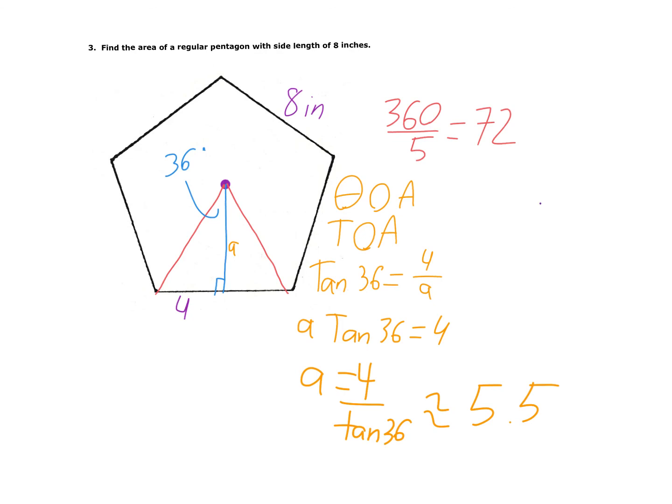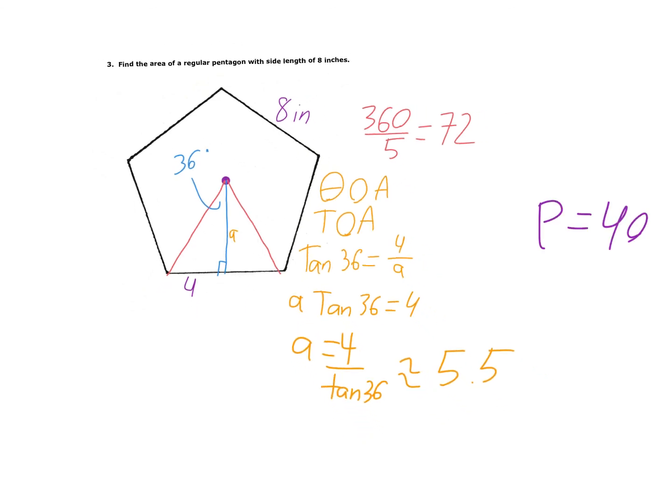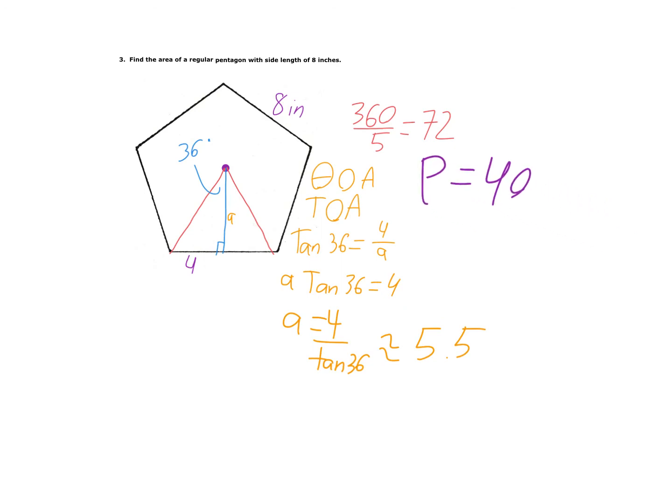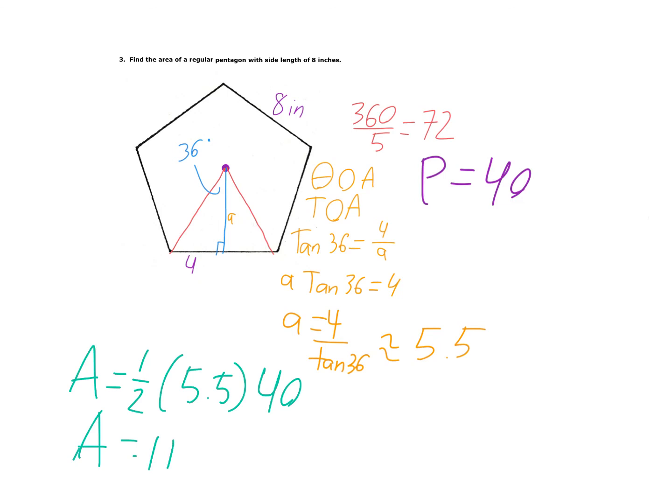I now have enough to plug things into my area equation, such that my area is equal to 1/2 my apothem of 5.5 times my perimeter of 40, which will give me an area of 110 inches squared.